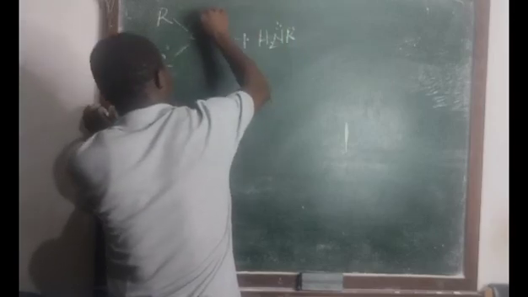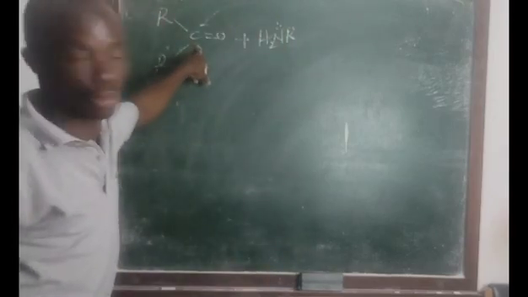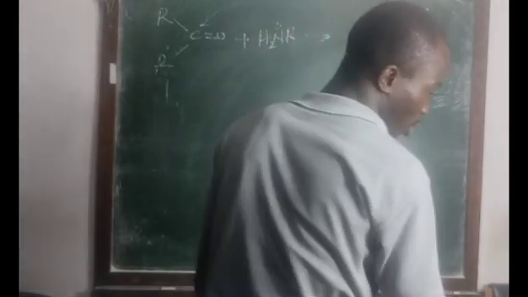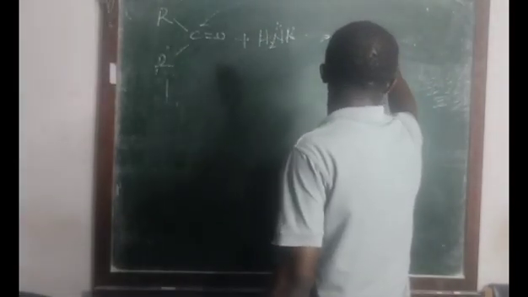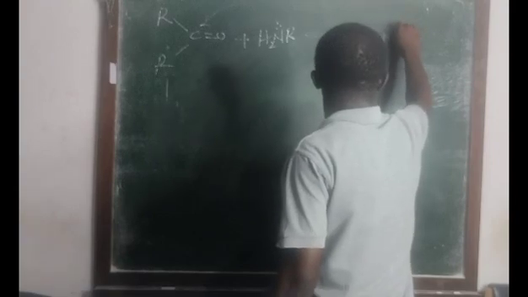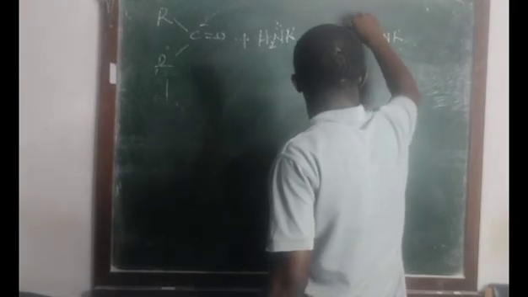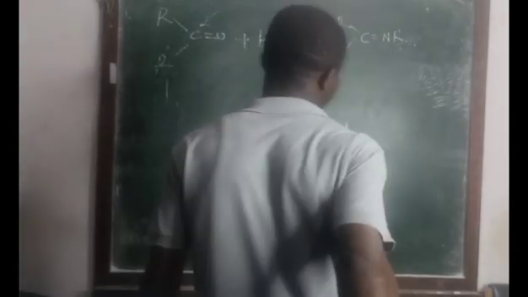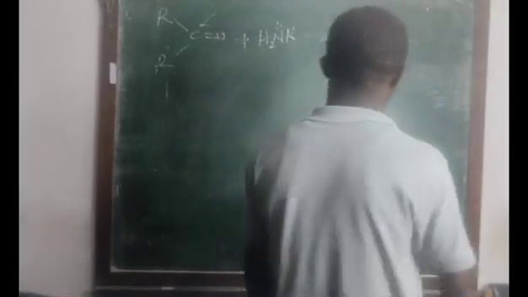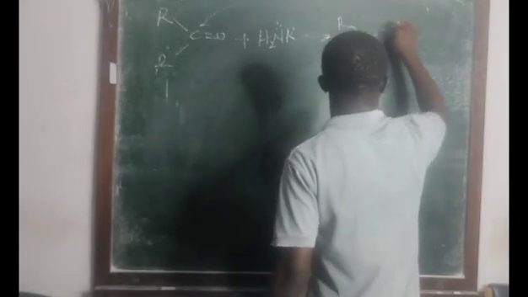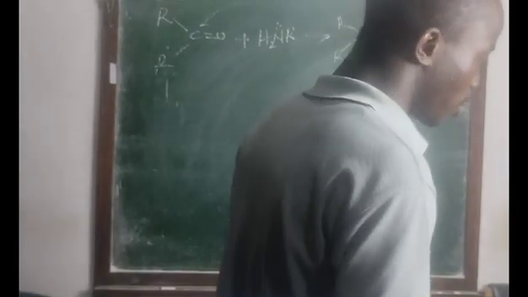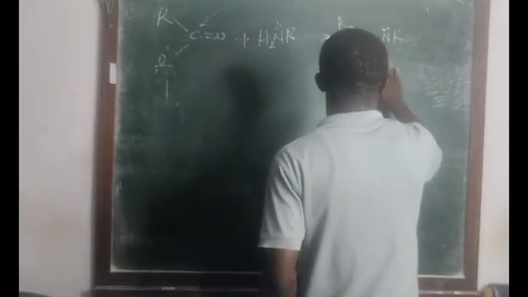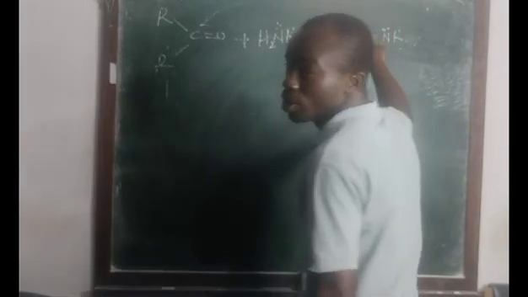This nucleophile can attack this carbon, which is positive, and then we are going to have C double bond NR, and then we have R and R, and this is still carrying a lone pair. So the point there now is that this can accept a proton. So this is the Schiff base.